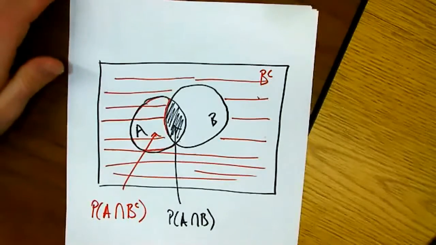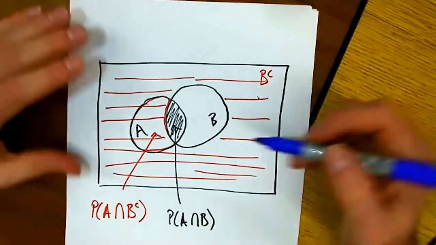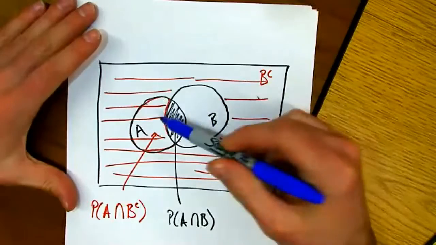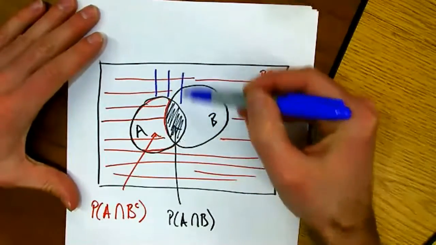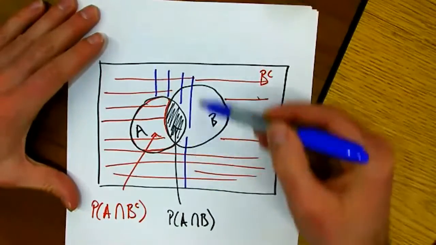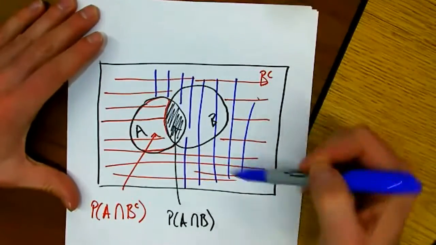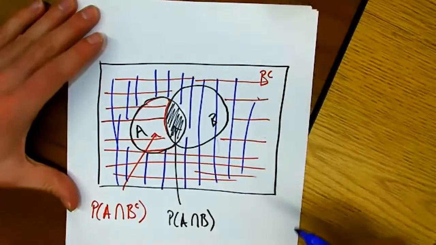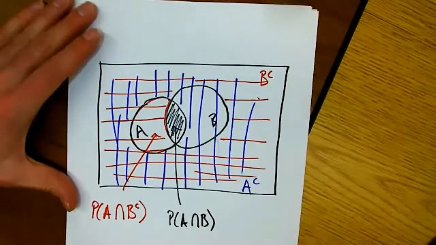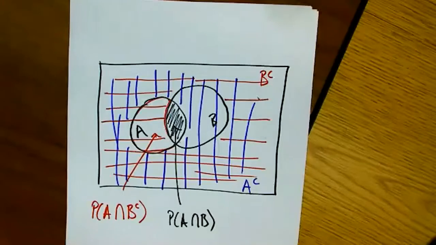Now let's think about where A complement would be. Well, that's everything that's not in circle A. So I'm going to draw vertical lines here that aren't in circle A. Okay? So you can think of this blue shaded area as A complement, right?